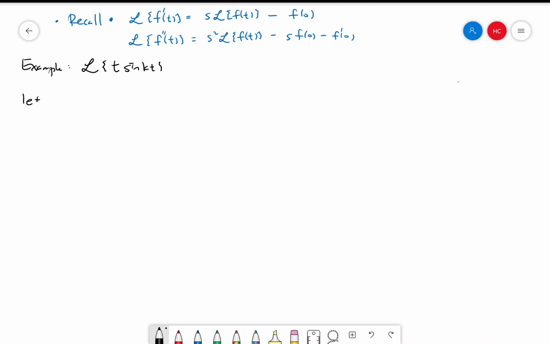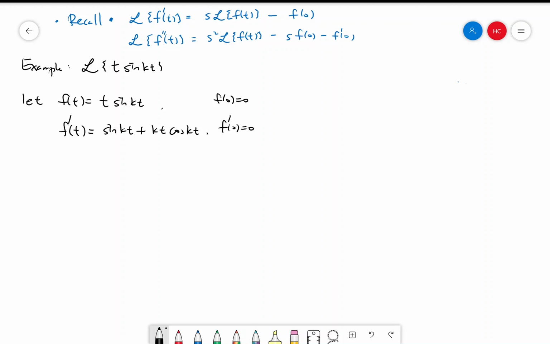We let f of t equal t times sine kt. Notice that f of 0 is still equal to 0, and f prime can be found using the product rule. So it's sine kt plus kt cosine kt. And notice that f prime of 0 is still 0.